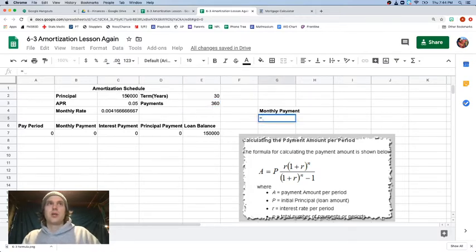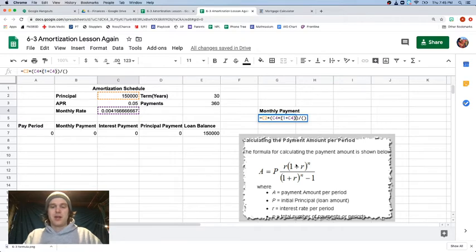We're going to do the principal times the top and bottom of our fraction. I'm just going to go ahead and type those in right here. In the top is the interest rate for the pay period, times the parentheses, in there is 1 plus that same interest rate, and then we take this group of parentheses and raise that with the caret symbol, that's shift 6, to the 360th power.